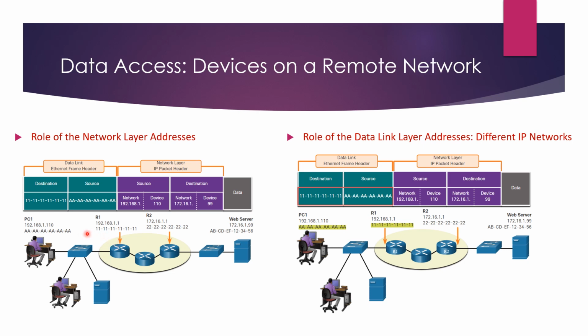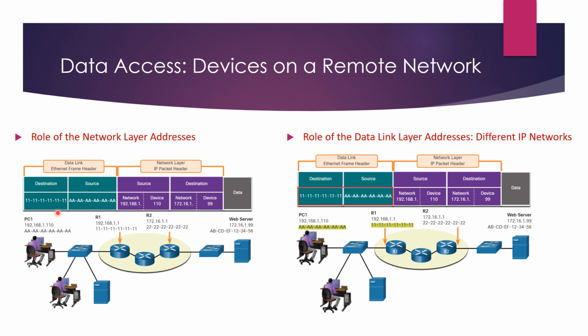In this case, the MAC address, as it is shown, is all ones. The Ethernet frame with the encapsulated IP packets can now be transmitted to the router R1.